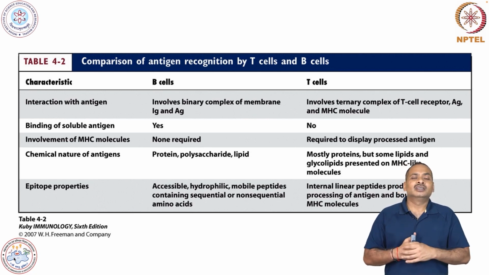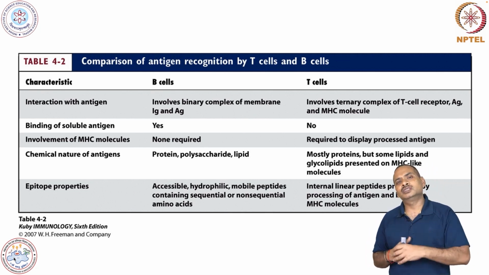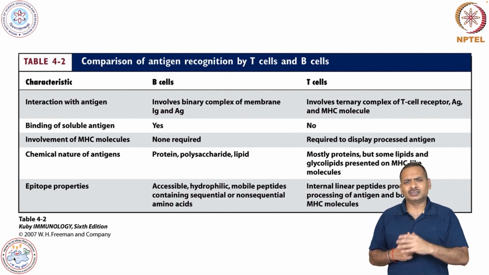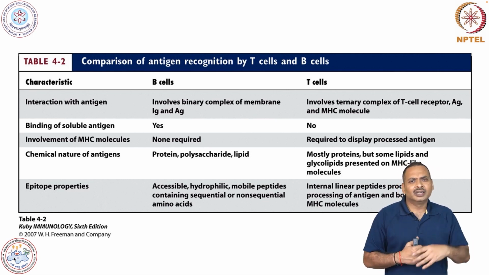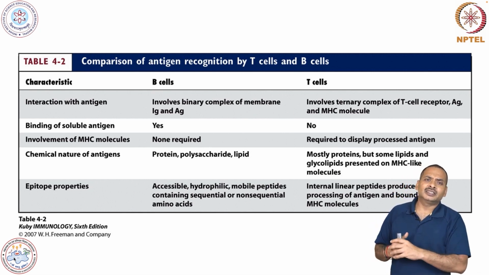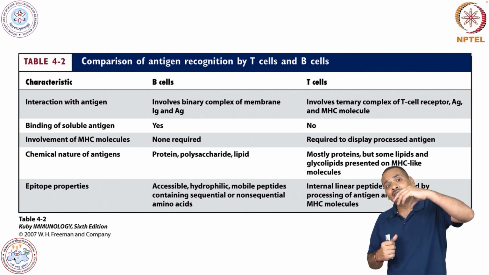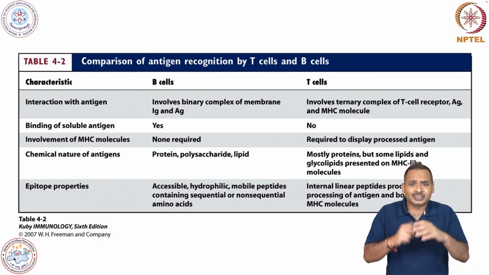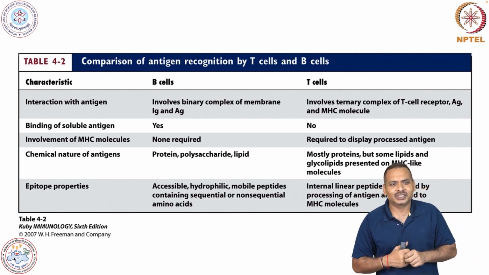There is another kind of T cell, the gamma delta T cells, which have a gamma chain and a delta chain, but forget about that. So the alpha beta chain interacts with the MHC molecule and the peptide presented along with it. So this makes a ternary complex. The interaction here is quite complicated, I think you can understand.